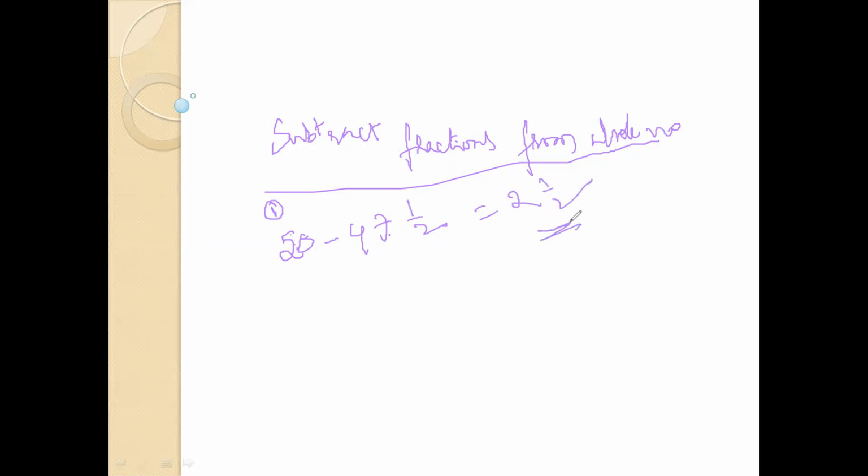So 2 1/2 is the answer. Now 63 minus 64 3/4. Take one as carry, remaining 62 minus 64 is minus 2. 1 minus 3/4 is 4 minus 3 is 1, so 1/4. The answer is minus 2 1/4.